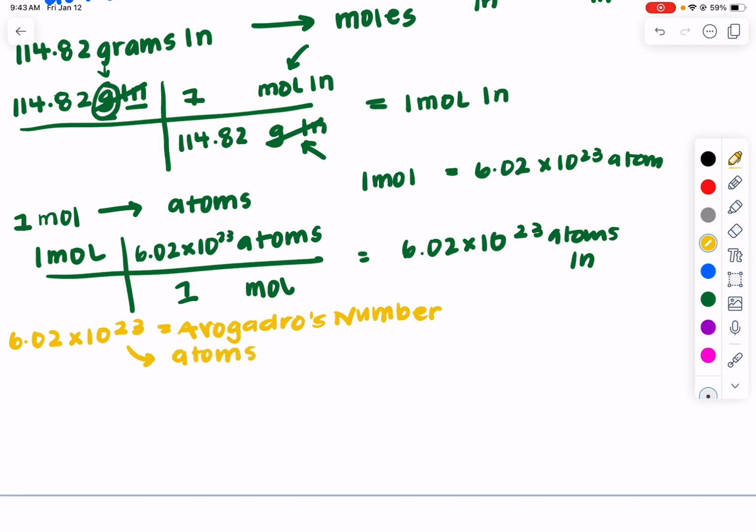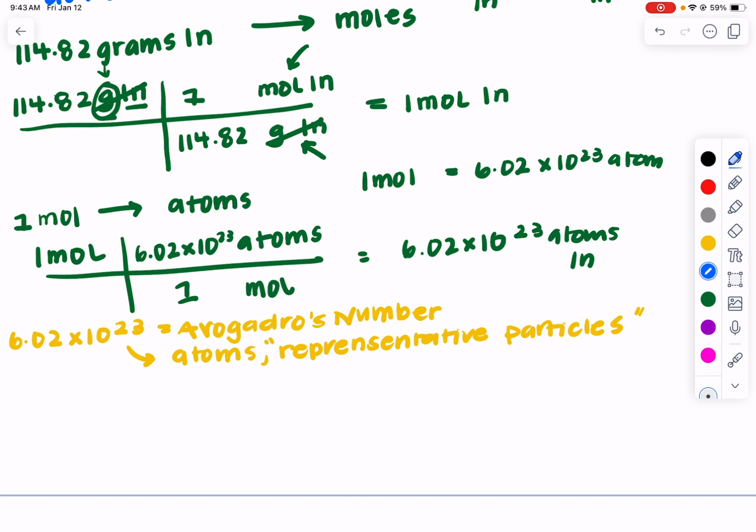But if we're unsure of the substance, we can also say representative particles. If we don't know what the substance is, we don't know if it's an atom, a molecule, or a compound, we can use the word representative particle as a kind of umbrella term.